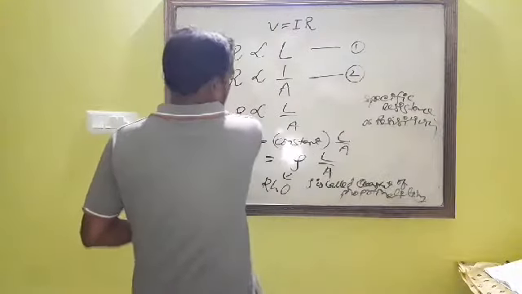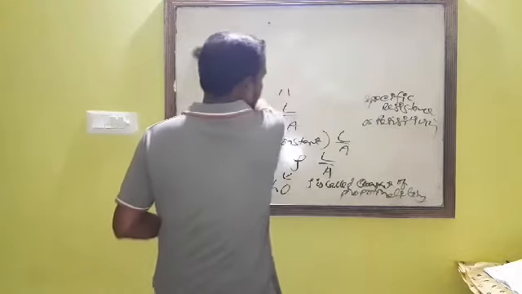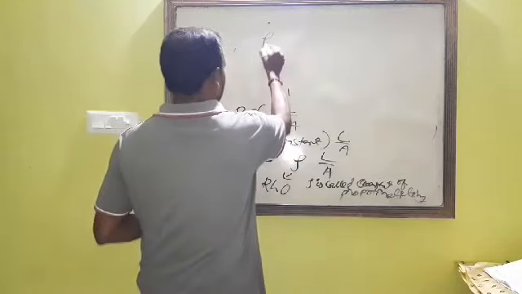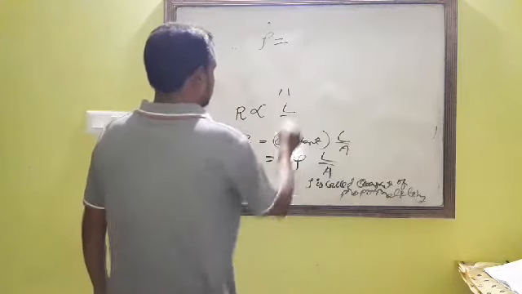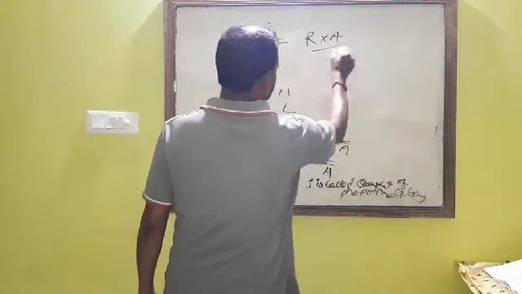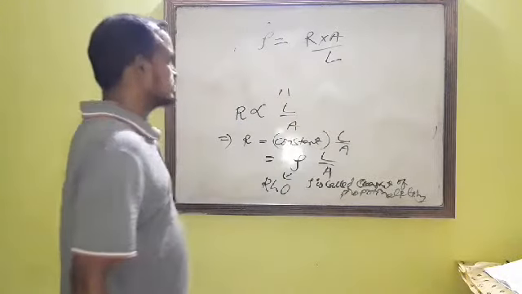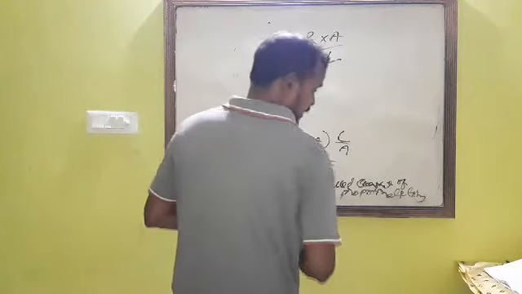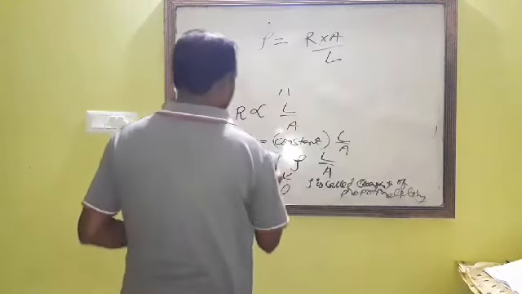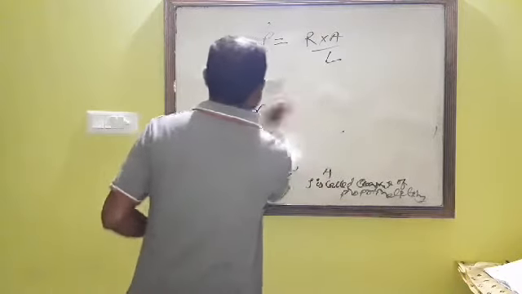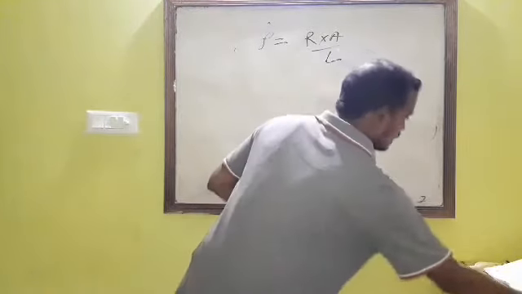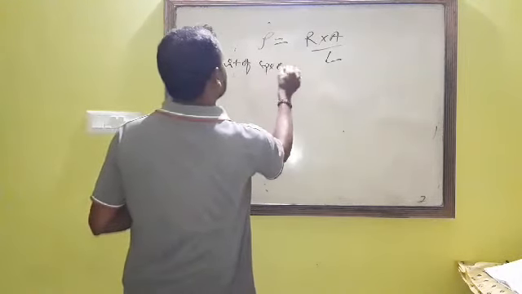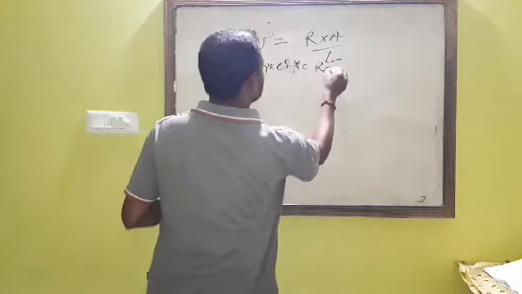We can write the specific resistance rho as R into A divided by L. Let us write the unit of specific resistance.